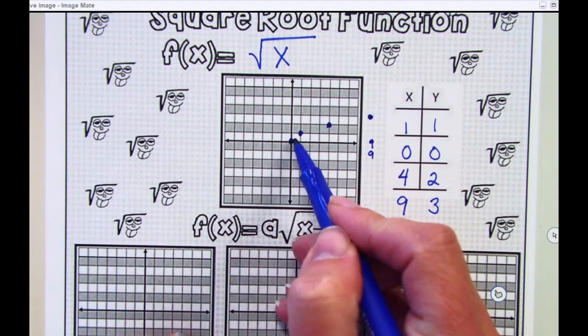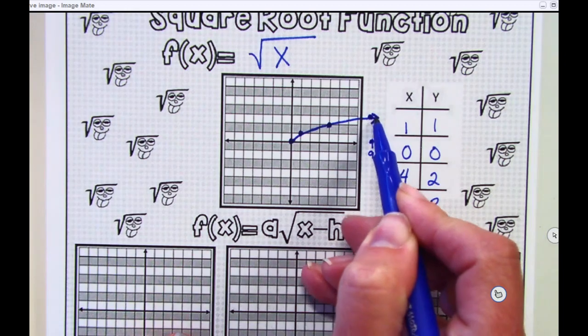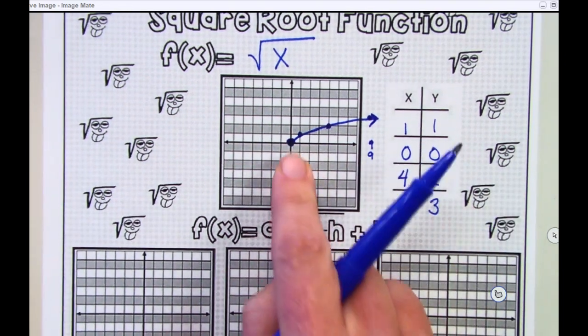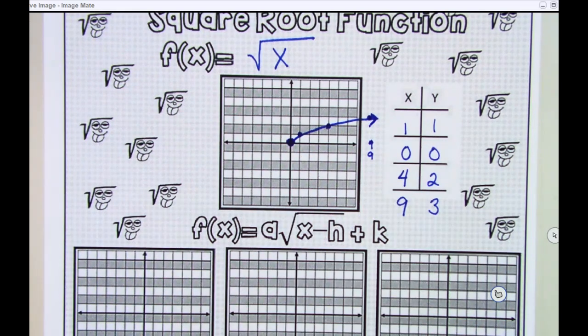Okay, it starts here, and there it is. Usually when we graph it, we show that that is the initial starting point, kind of like the vertex, I guess.